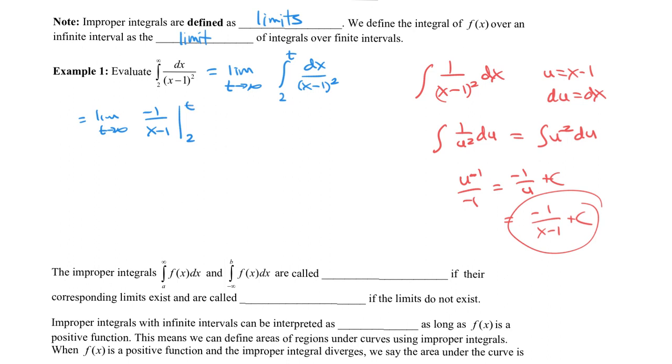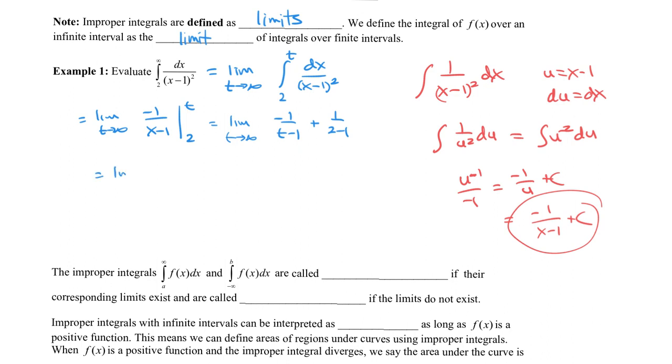I'm going to treat this like a number and plug it in, acting like I'm using the fundamental theorem of calculus, but then we're going to take the limit of that result. So I plug in the t. It's still always a limit until we take the limit. So t approaches infinity, and we have negative 1 over t minus 1, and then minus, minus, which makes a plus, 1 over 2 minus 1.